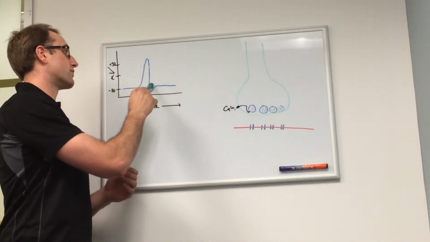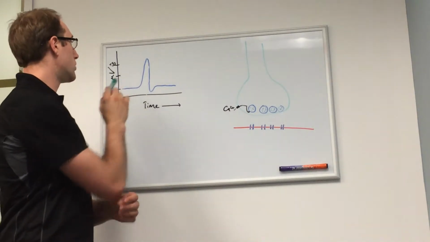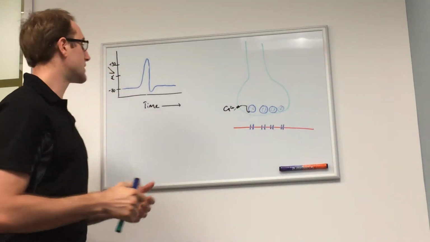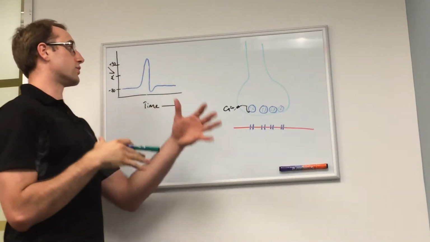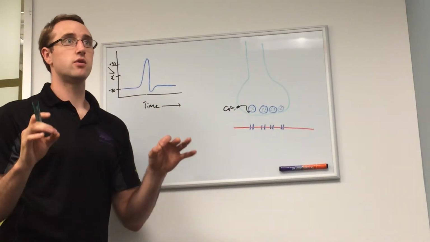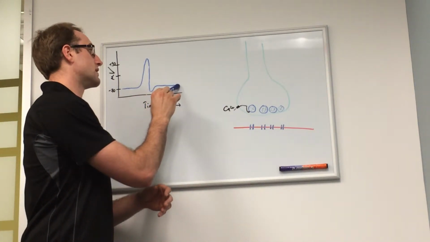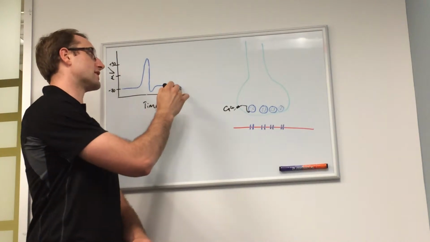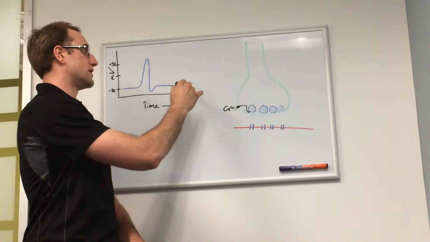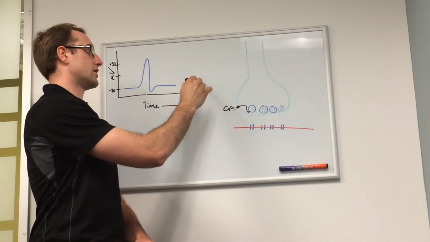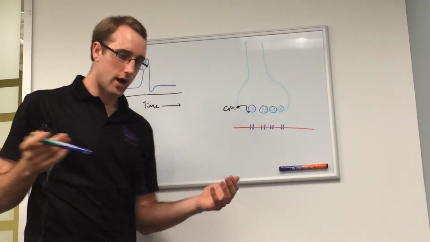Then we have this refractory period, right here, where we dip below our resting membrane potential of -70, and then it restabilizes back to the resting membrane potential of -70 millivolts. That continues until we have another action potential, a huge spike, and then the repolarization, depolarization, hyperpolarization, and such.